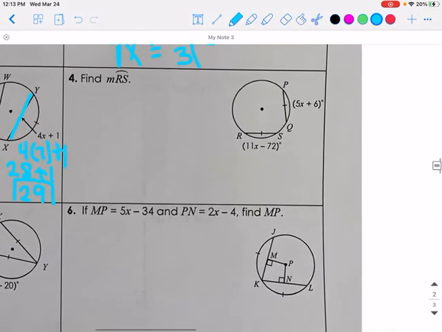Make sure you're pausing where you need. So we're finding another measurement, but first we have to find x. So 11x minus 72 is equal to 5x plus 6. Subtract 5x, subtract 5x. Add 72.